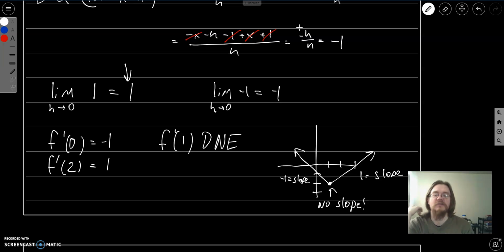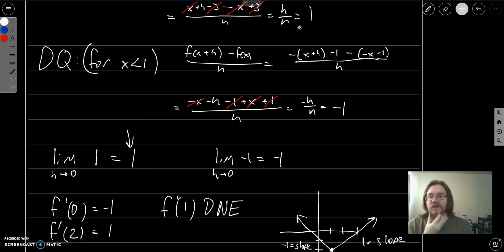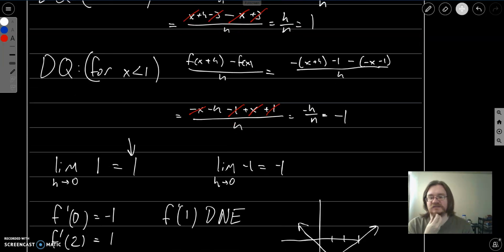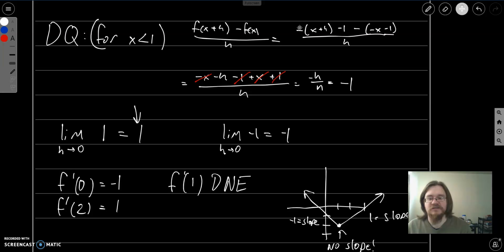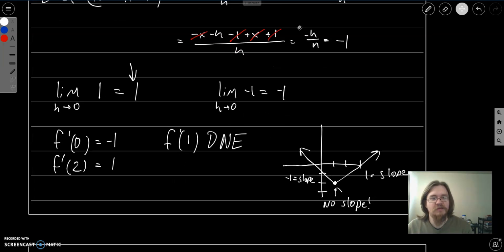And another way to think about this is that both of these limits are happening right here. So right at 1, if I go 1 plus a hair and I go forward a little bit, my slope is going to be the slope of this red line here.